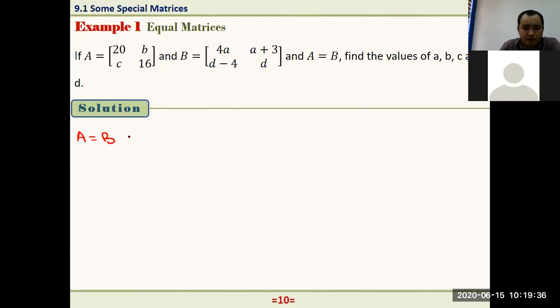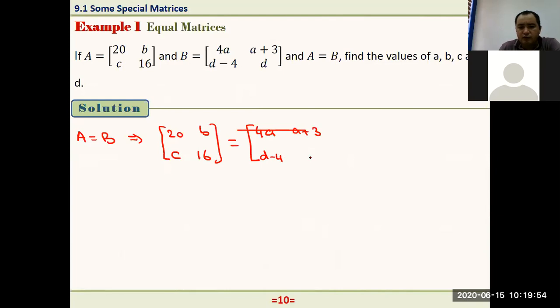So if I just write these two matrices together, let's say A, it is 20. Here we have b. Here we have c. Here we have 16. Equals, on the right hand side, we have 4a, a plus 3, and d minus 4, and here we have d. Right?